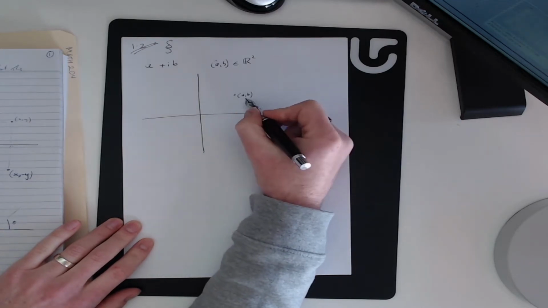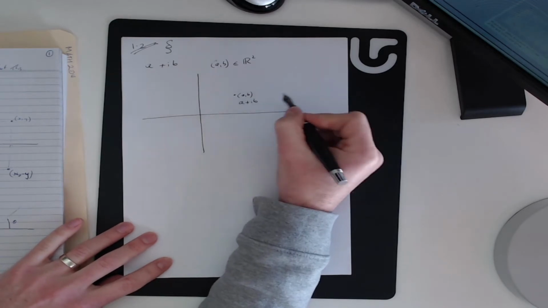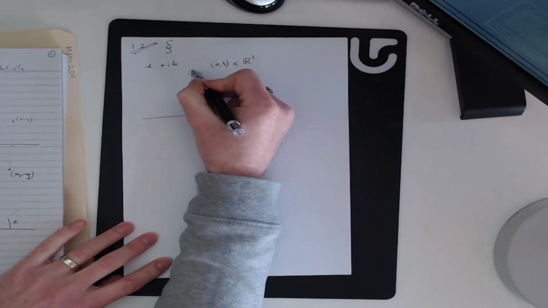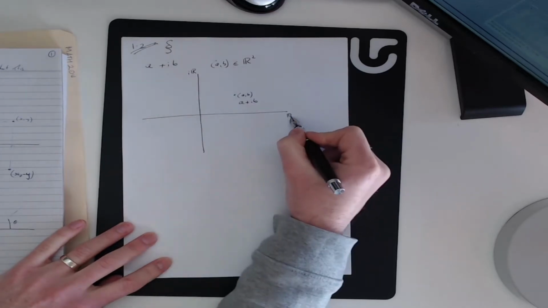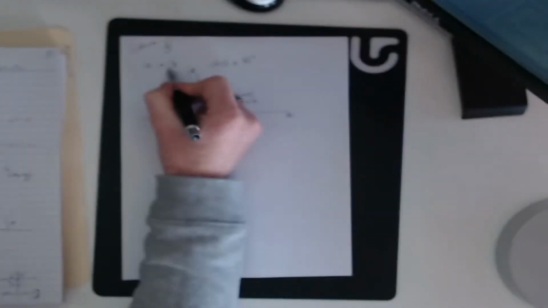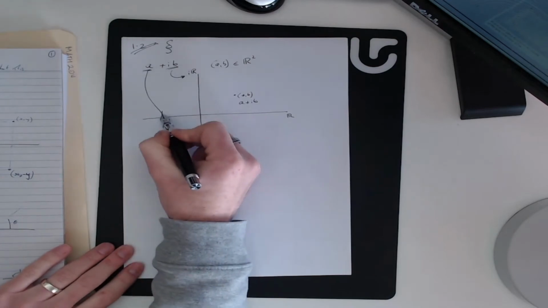But we can write this also as a plus ib, where this is i times the real numbers, and this is an axis which gives the real numbers.